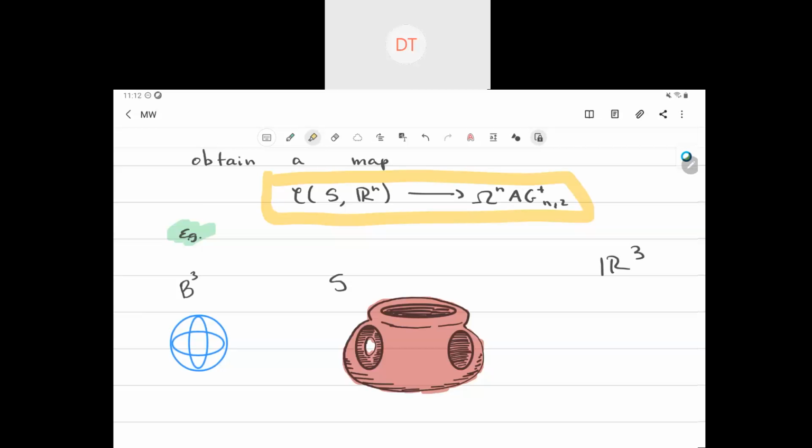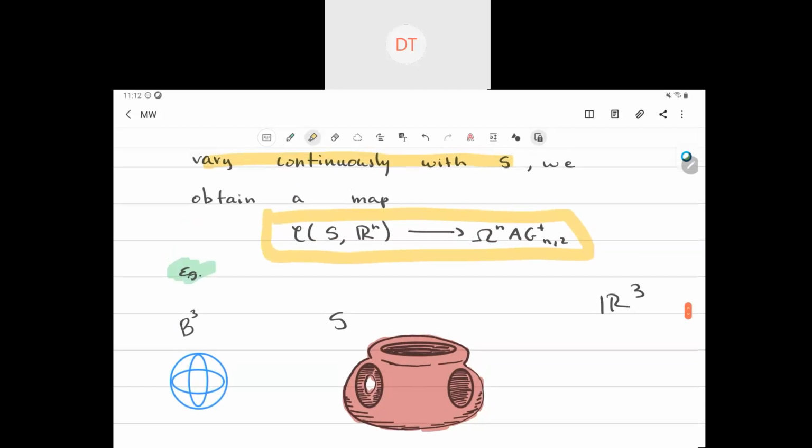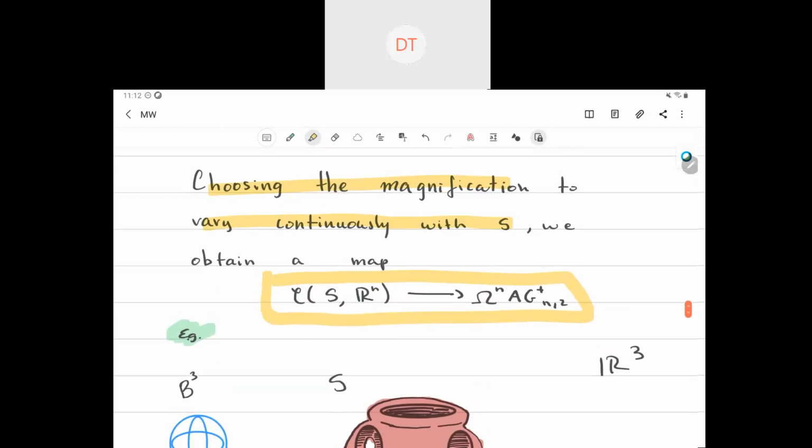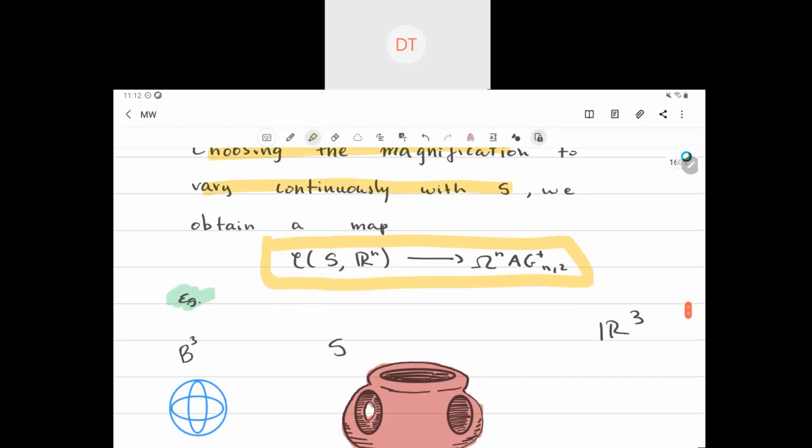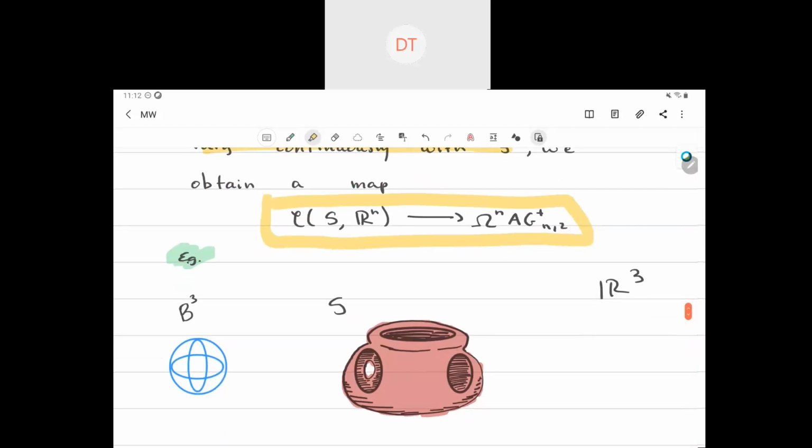And actually, in the paper that I'm basing this talk on, what they say in words is that it is plausible to assume that one can choose a magnification to vary continuously with S, right? So they're actually just saying it sounds reasonable, and it does. But if you want to write it down, you might run into trouble.